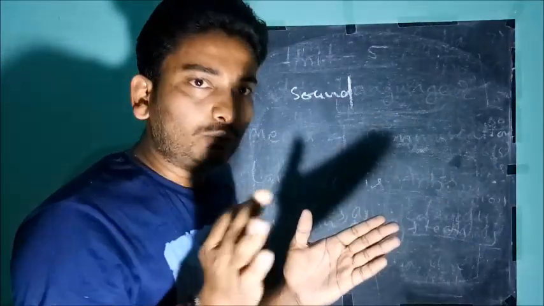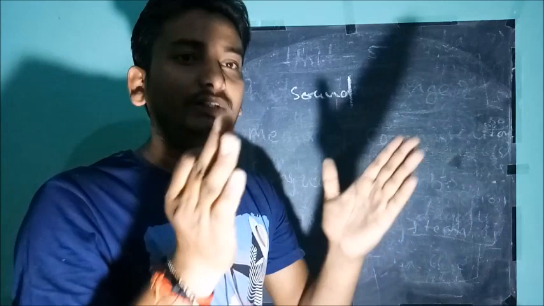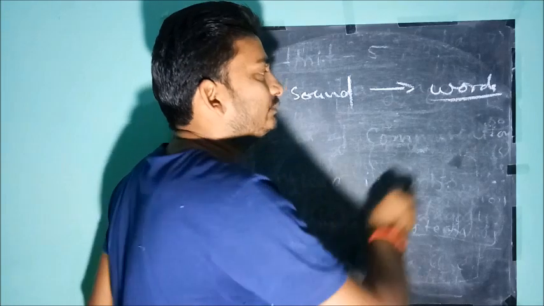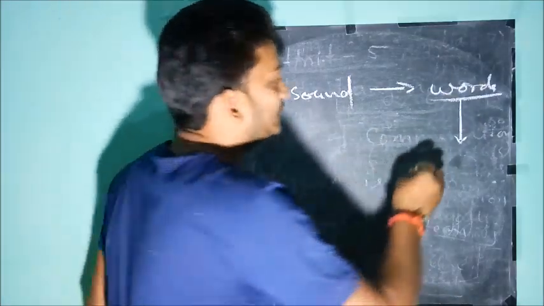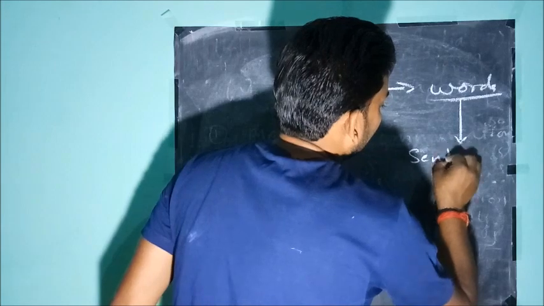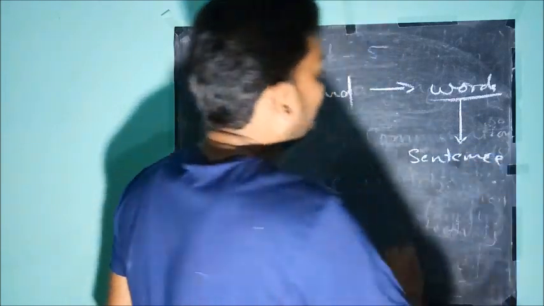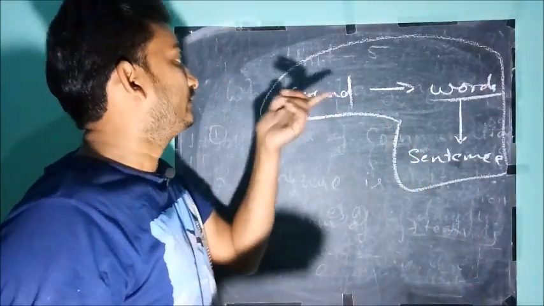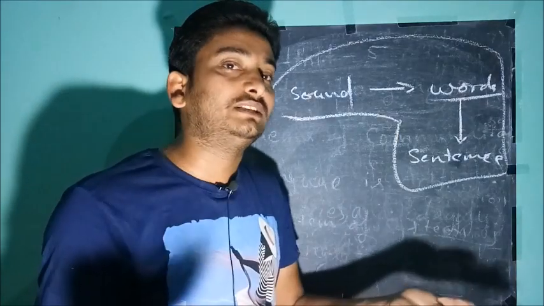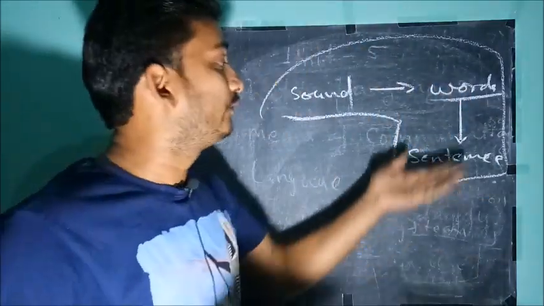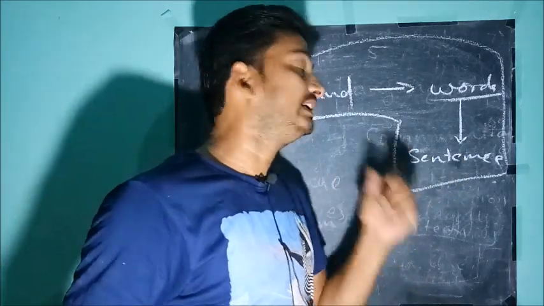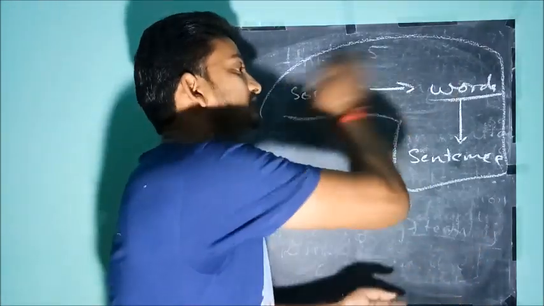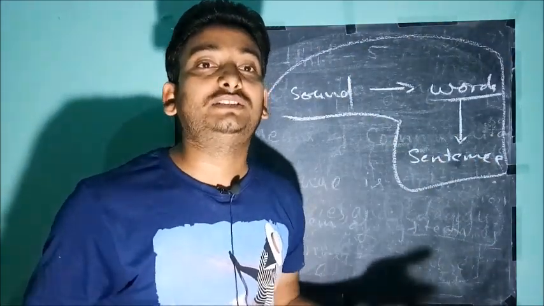These sounds are arranged in a system that makes words, and these words are arranged in a system that makes sentences. There is a system in all of these: the first system is in sound, the second is morpheme, the third is word, and the fourth is syntax in the sentence. And overall there is a system of arrangement of all things to express thoughts and communication.